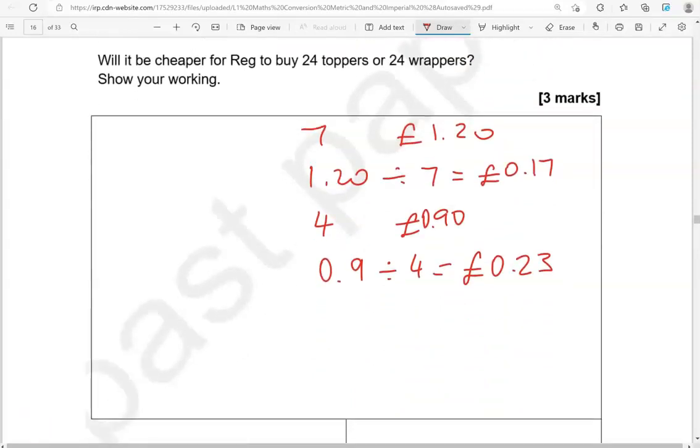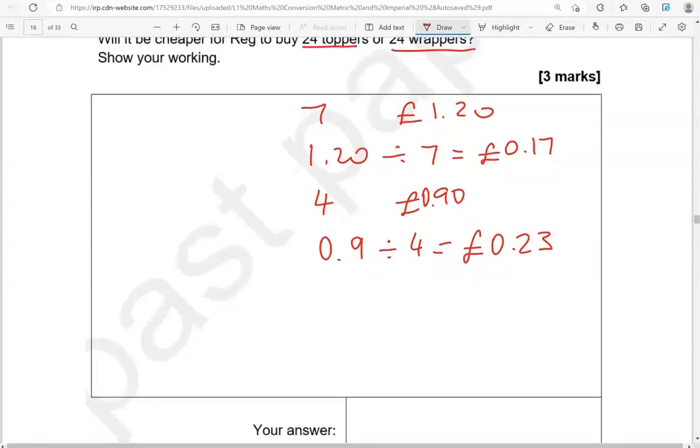And as it says, will it be cheaper for Reg to buy 24 toppers or 24 wrappers? We're just going to write toppers here, and we're going to multiply each of these by 24.